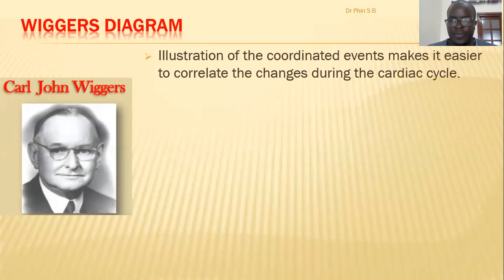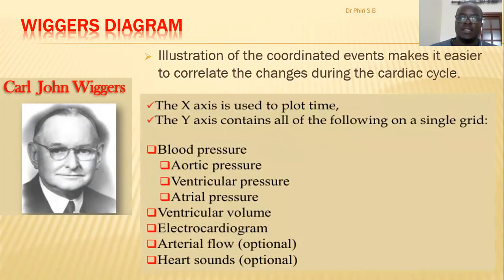So this scientist's illustration of coordinated events makes it easier to correlate the changes during the cardiac cycle. So there are a lot of events that are taking place there.